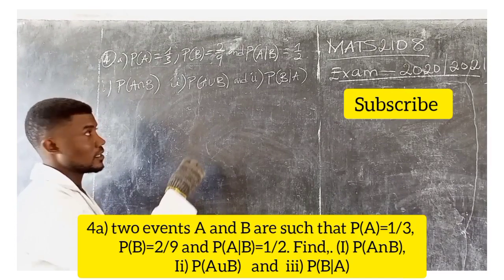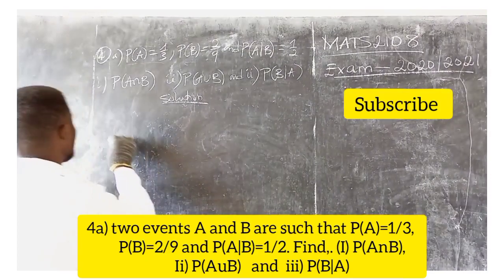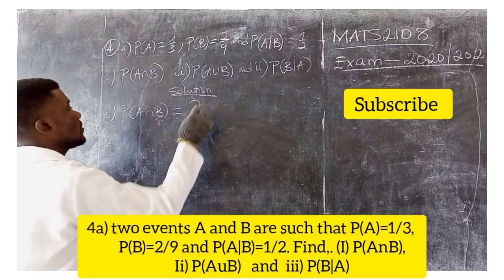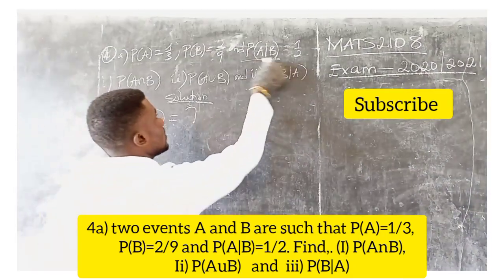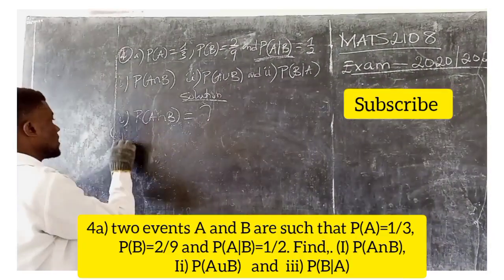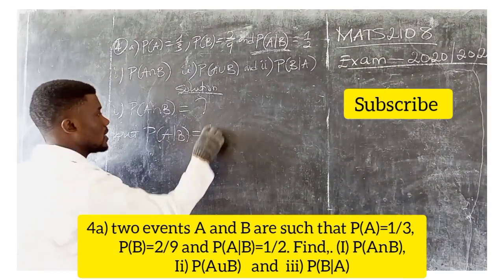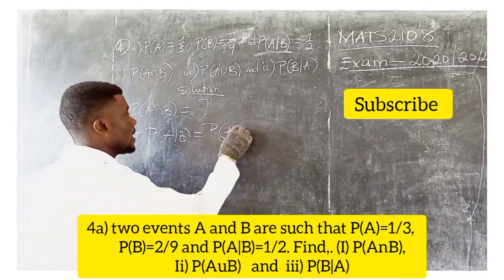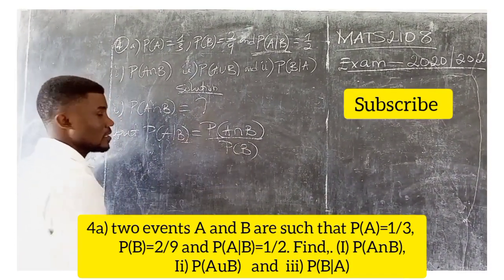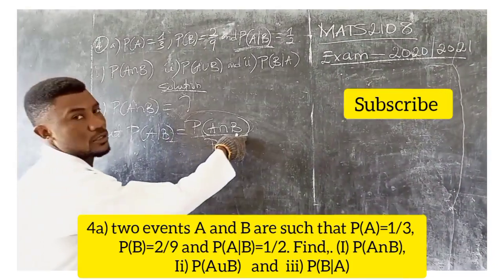To solve this, to find the first one, Roman 1, that's the probability of A intersection B, we are going to use the formula. Because we know that the probability of A given B is defined as the probability of A intersection B over the probability of B. So from this formula we can make A intersection B the subject.